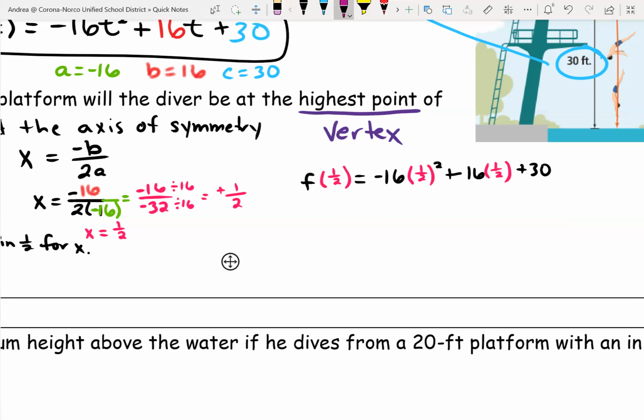Okay, so f of 1/2 equals 1/2 squared. 1 times 1 is 1. 2 times 2 is 4, so it's 1/4. Half of 16 is 8 plus 30.